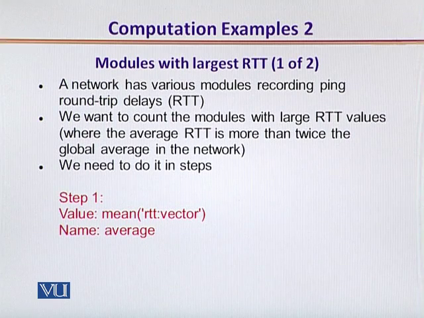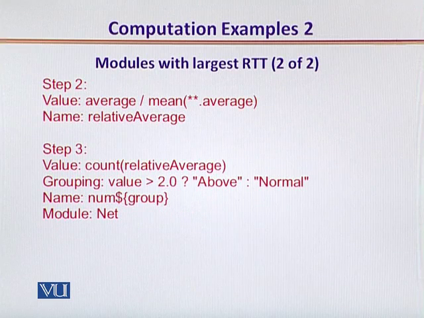First of all, we are going to determine the average of the round trip time which is stored in the vector. Then we are going to determine the relative average, that is, the average for all the nodes or all the modules within the network.